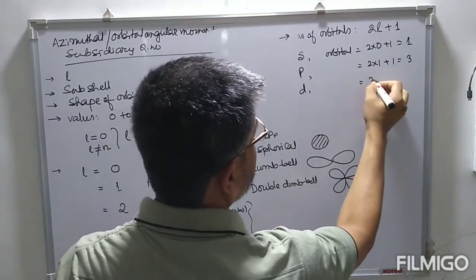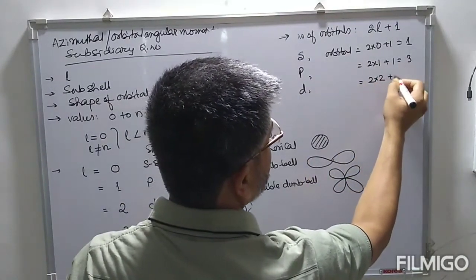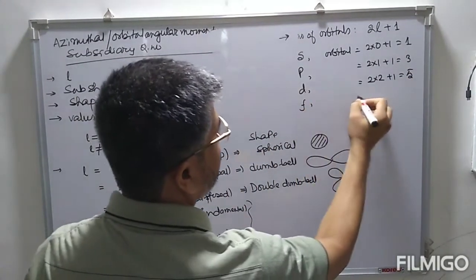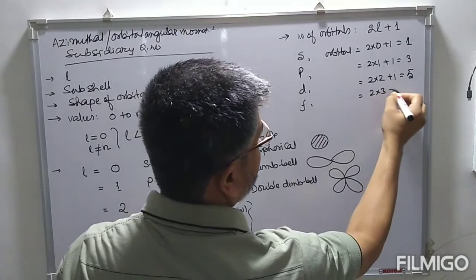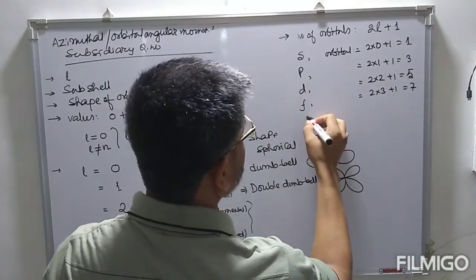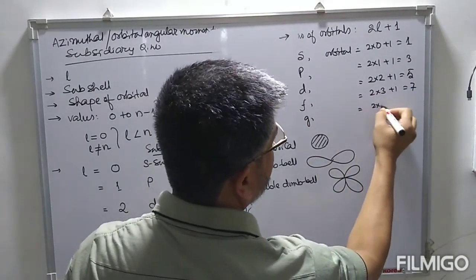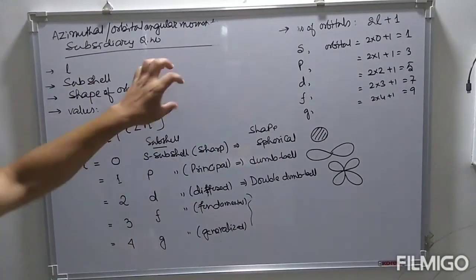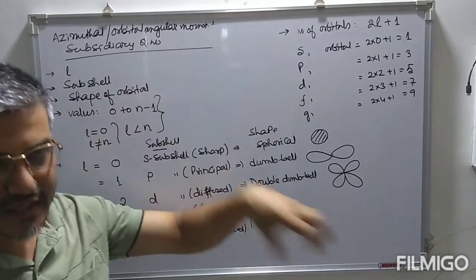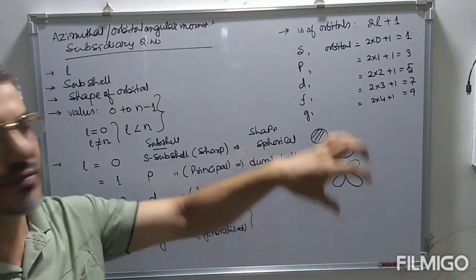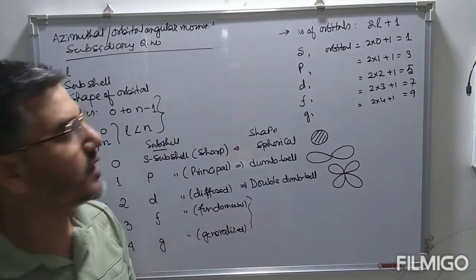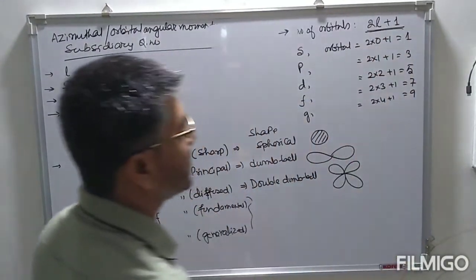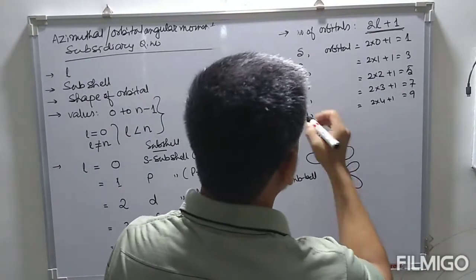D subshell, number of orbitals is 2 into 2 plus 1. So D has got 5 orbitals. Similarly, F, 2 into 3 plus 1, 7. G, 2 into 4 plus 1. So once we know the value of L, we can define how many orbitals are possible in that particular subshell. So the number of orbitals in any given subshell is given by twice L plus 1.